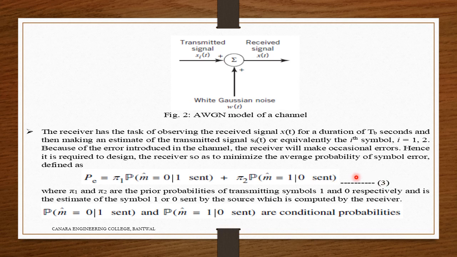This is equation 3, where pi_1 and pi_2 are the prior probabilities of transmitting symbols 1 and 0 respectively, and m-hat is the estimate of the symbol 1 or 0 sent by the source, which is computed by the receiver. The probability of m-hat equals 0 given 1 sent, and the probability of m-hat equals 1 given 0 sent, are conditional probabilities.